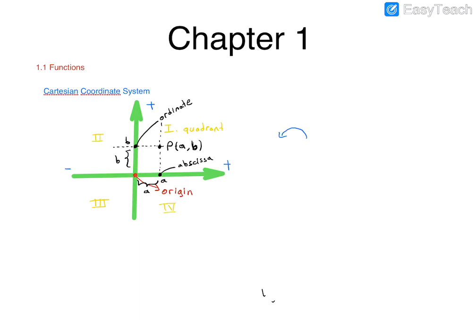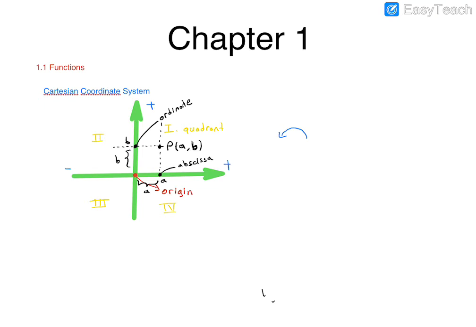So there is a one-to-one correspondence between the points in a plane and the elements in the set of all ordered pairs of real numbers. When the ordered pair is given, you can find its point.